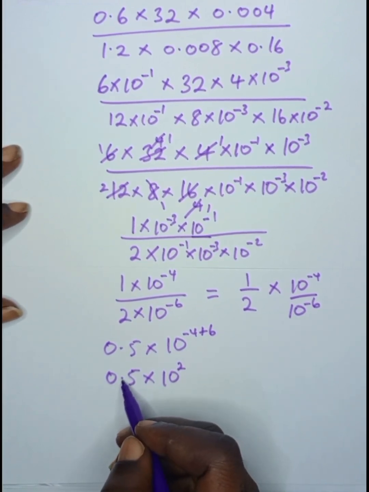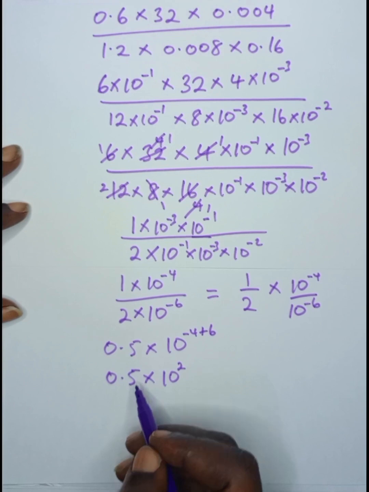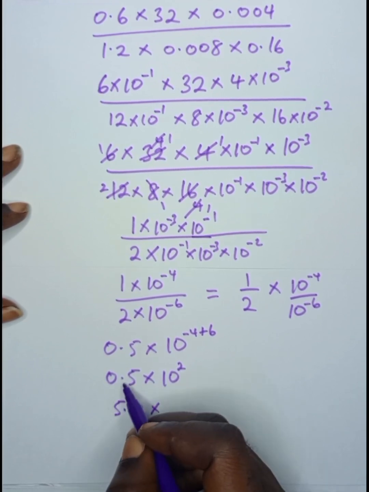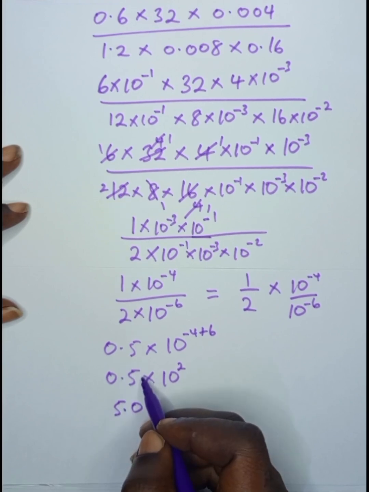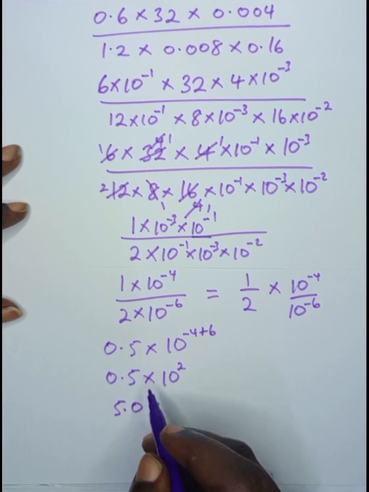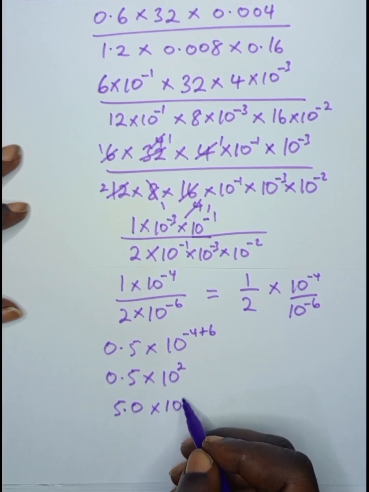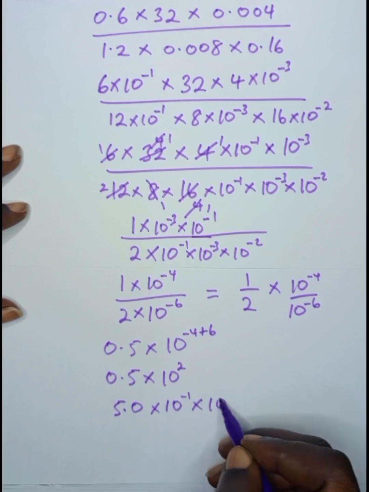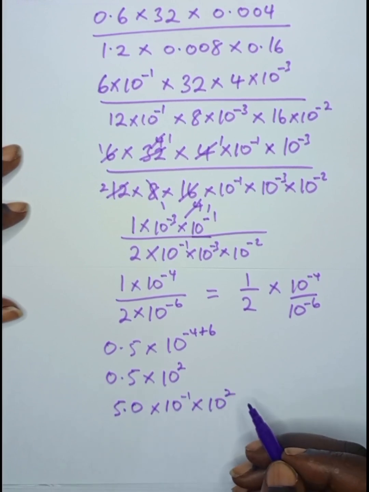So what I'm going to do is move one step, which will be 5.0 times. When I move from left to right like this, it is minus. So since I move one step, it's going to be times 10 raised to the power minus 1. But we have times 10 raised to the power positive 2 here.